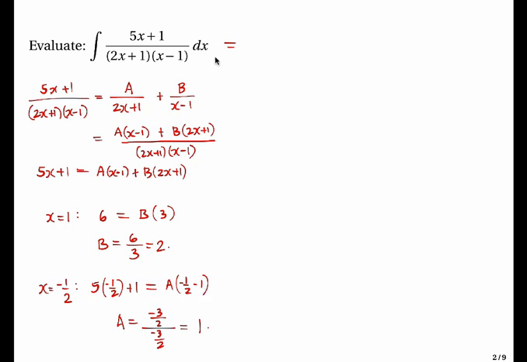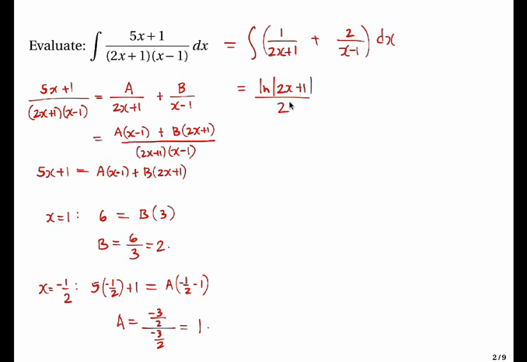Which means this integral can now be written as the integral of A, which is 1, so 1 over 2x plus 1, plus B, which is equal to 2, so 2 over x minus 1, quantity dx. We can now integrate this easily and obtain ln absolute value of 2x plus 1 divided by 2, because we have here a linear expression with coefficient equal to 2.